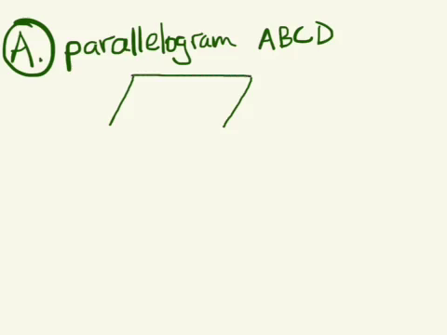And I'll connect these, and these should be parallel as well, if it really is a parallelogram. And the 4 corners are labeled A, B, C, and D. So the name of this parallelogram would be parallelogram ABCD. Yeah, awesome name.